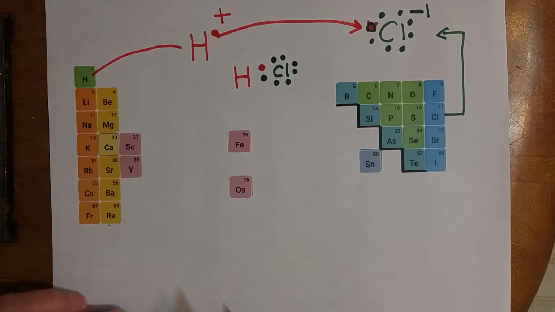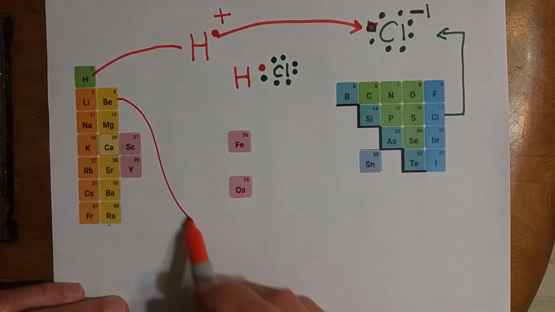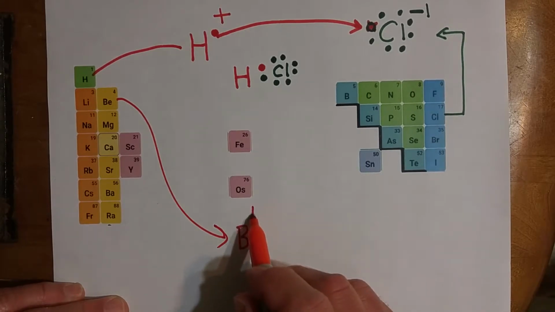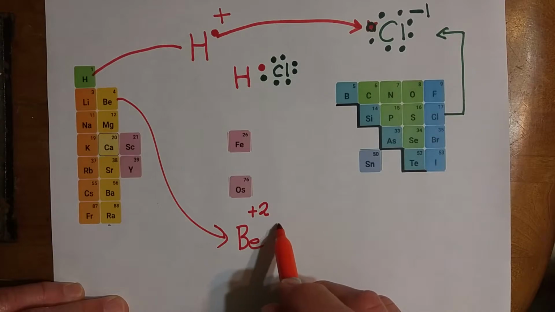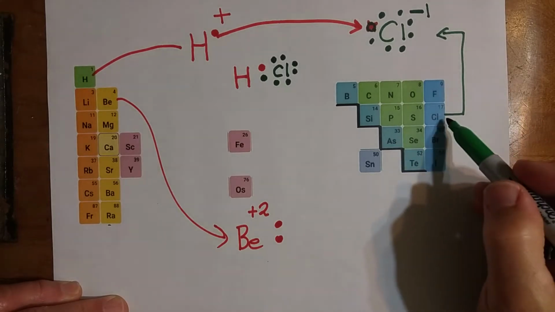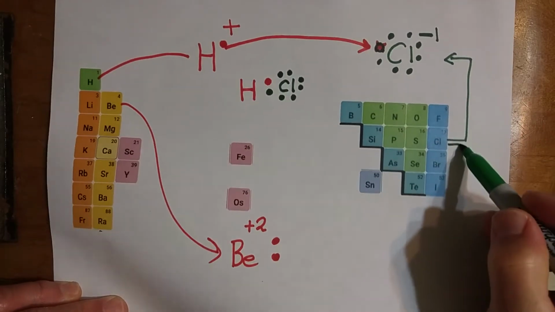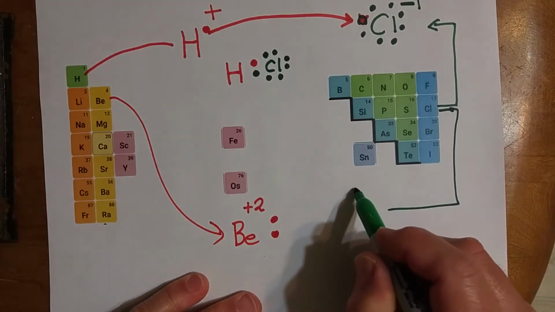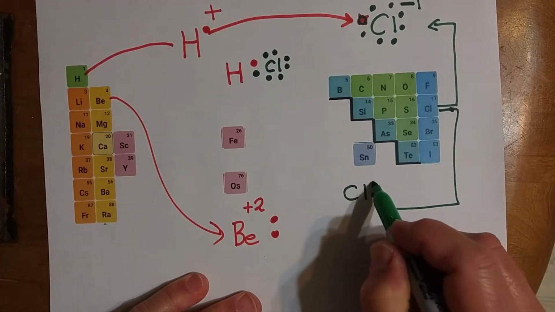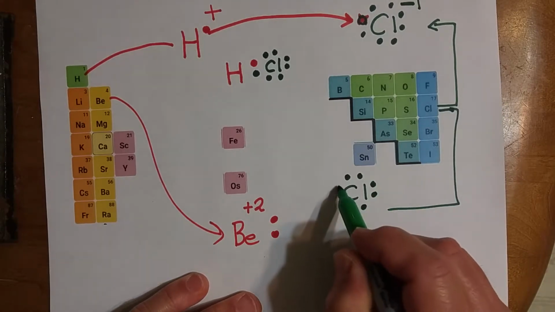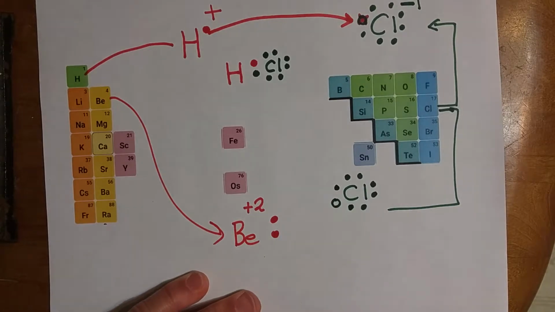If we decided to get beryllium here, which is listed as having a charge of +2, so it has 2 valence electrons, if it was going to react with chlorine, chlorine comes down, put her empty spot there.